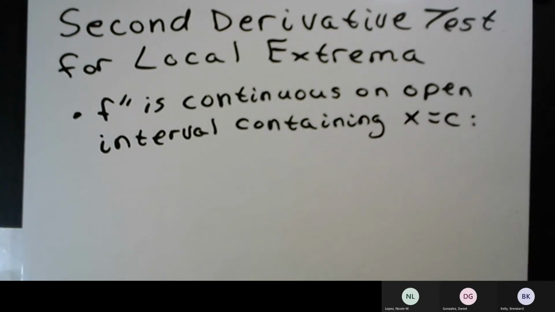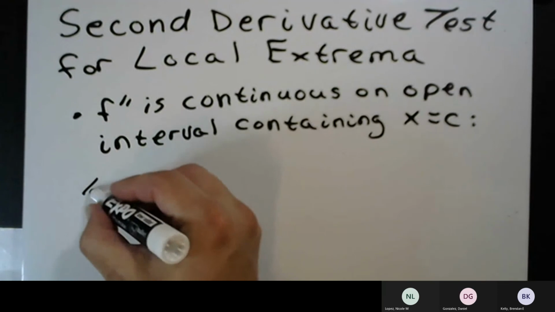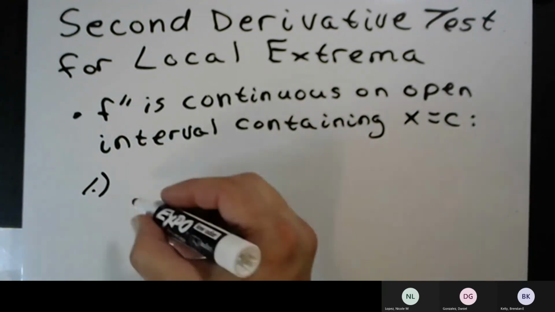So we've got an open interval. F double prime is continuous. It exists. And we're going to take a look at what's happening at some point x equals c.